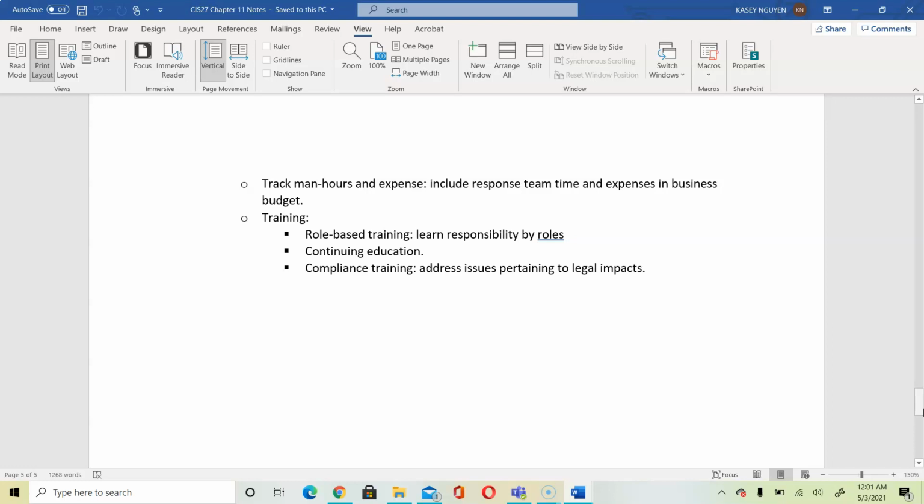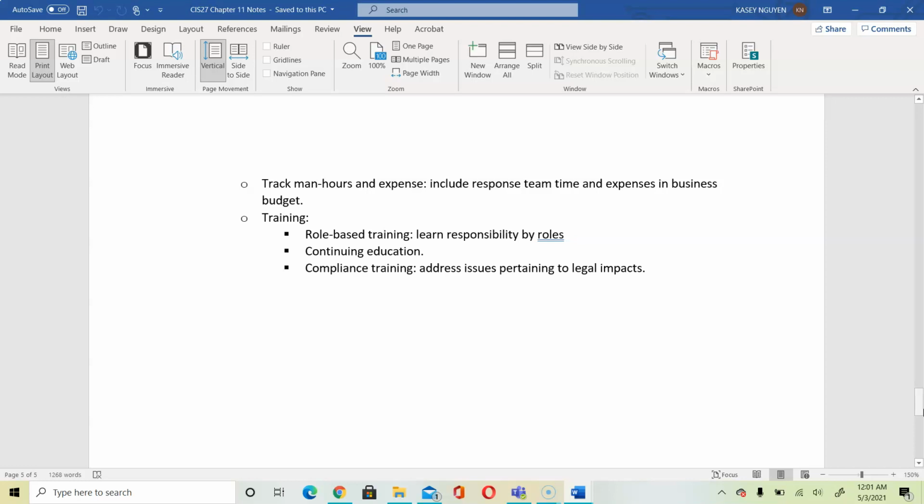So when we rebuild the data, we would then track the amount of hours and expense that would be put into rebuilding the data. That would include response team information and time and expenses in the business budget.